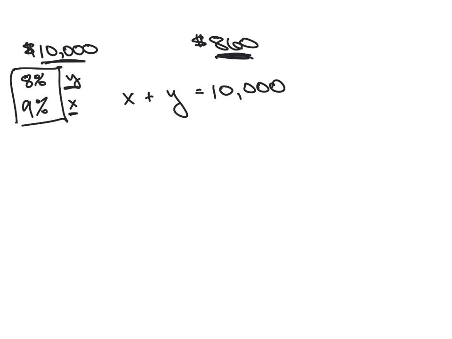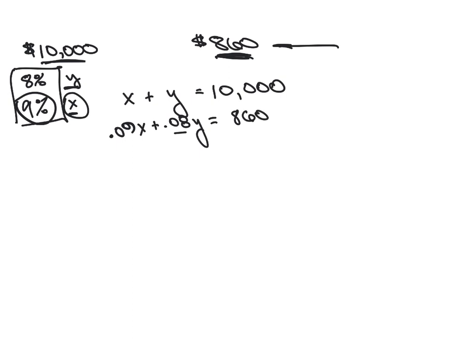And then I go back to what I had said before. The amount of money I invest times the percentage gives me how much was earned. So 0.09x is the interest I make at 9% on the amount I put in at x. 0.08y is the amount of money that I make off the interest at 8% from the amount I put in at y, and that's going to equal $860.